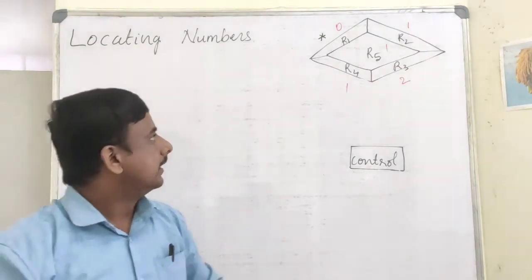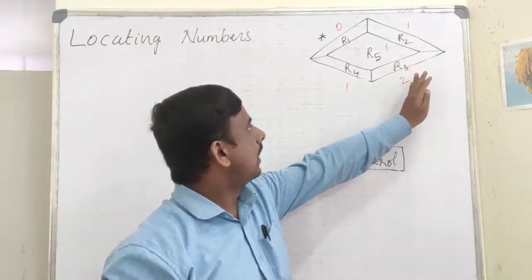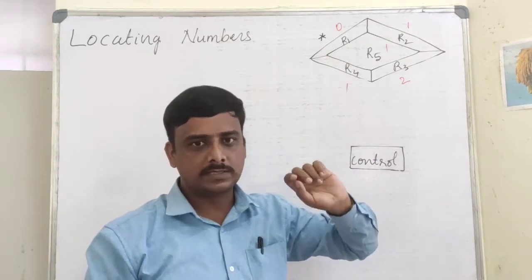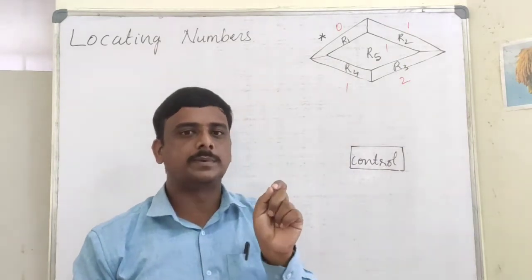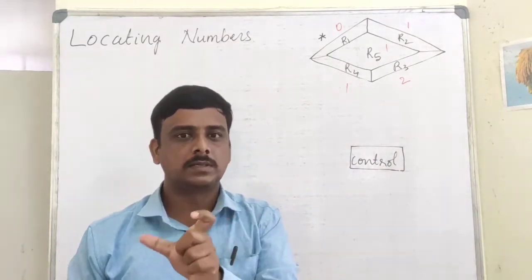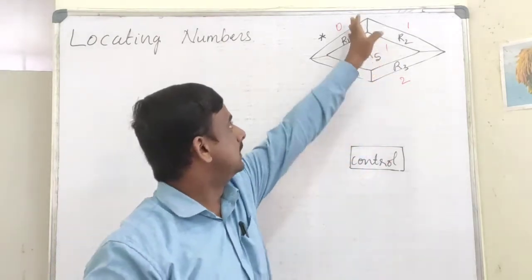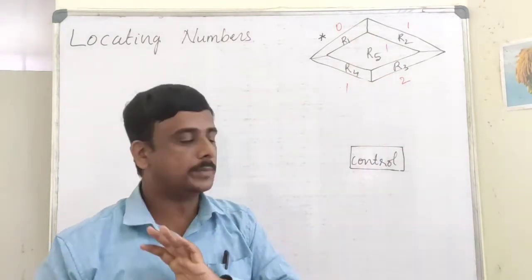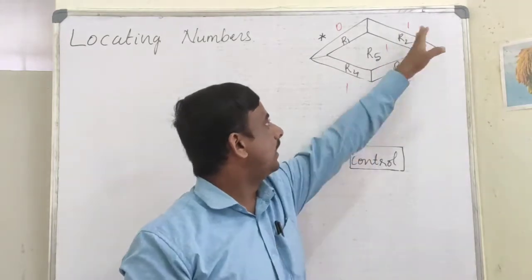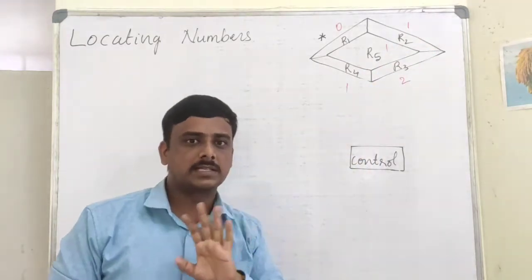Now if the fire happens in R3 or R1, the sensor sends a message that the fire has happened in a room at distance 0 or 2. So these two are not problematic, but these three create a problem.